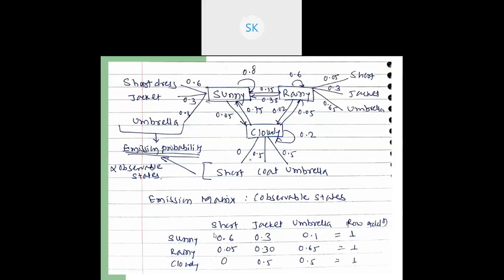Likewise, the table is prepared. Weather is cloudy and the person is coming with an umbrella, that is the observation, so cloudy and umbrella is 0.5. So 3 plus 3 plus 3, total 9 values are in our emission matrix. Each row's addition will be 1.